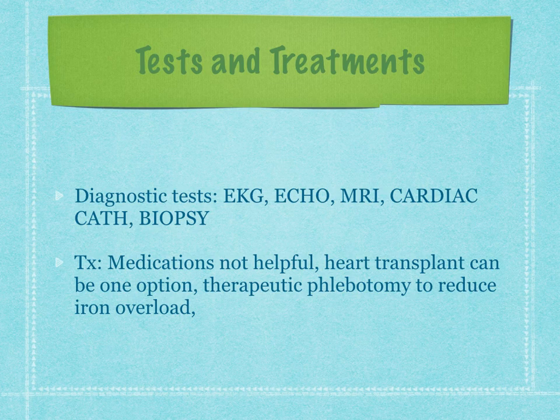Echo will show if there are any enlarged atria. MRI will show any abnormal texture in the heart muscle. Cardiac cath will measure the pressure in heart chambers, and biopsy will identify if there is any infiltrating substance.